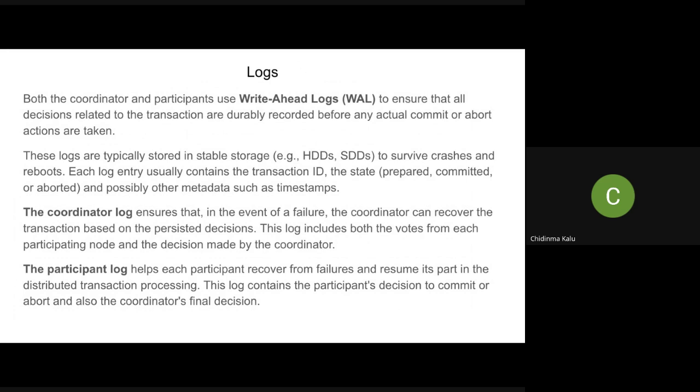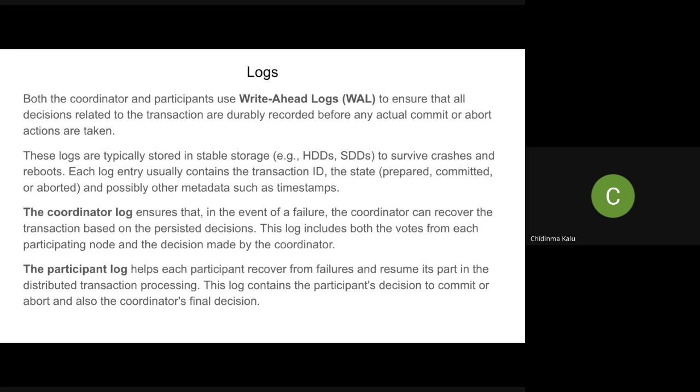These logs are typically stored in stable storage to survive crashes and reboots. And we should also try to remember that every log entry usually contains the transaction ID, the state, and possibly other metadata such as timestamps.